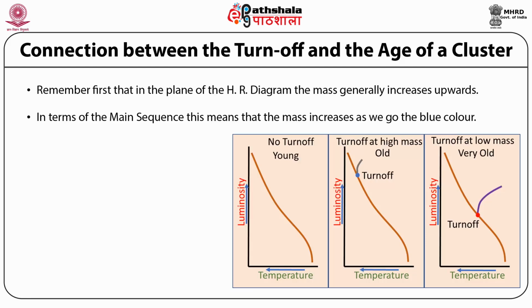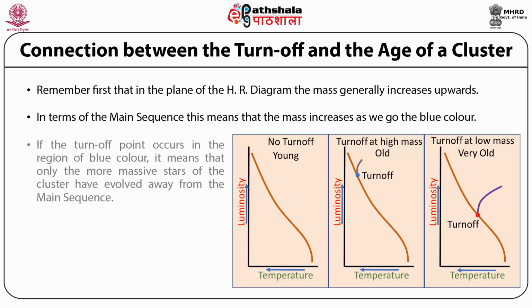So the turn-off points indicate essentially the masses of the stars which have started evolving away from the main sequence. If the turn-off point occurs in the region of blue color, it means that only the more massive stars of the cluster have evolved away from the main sequence.